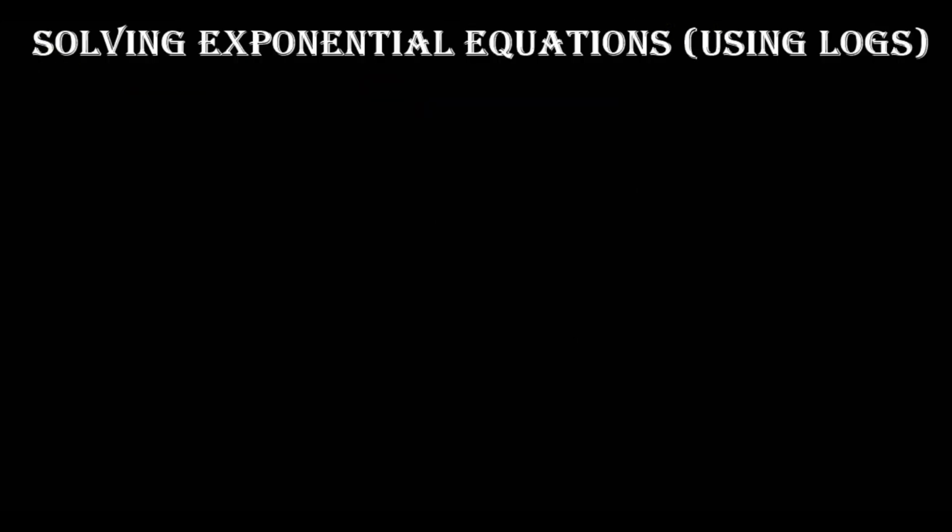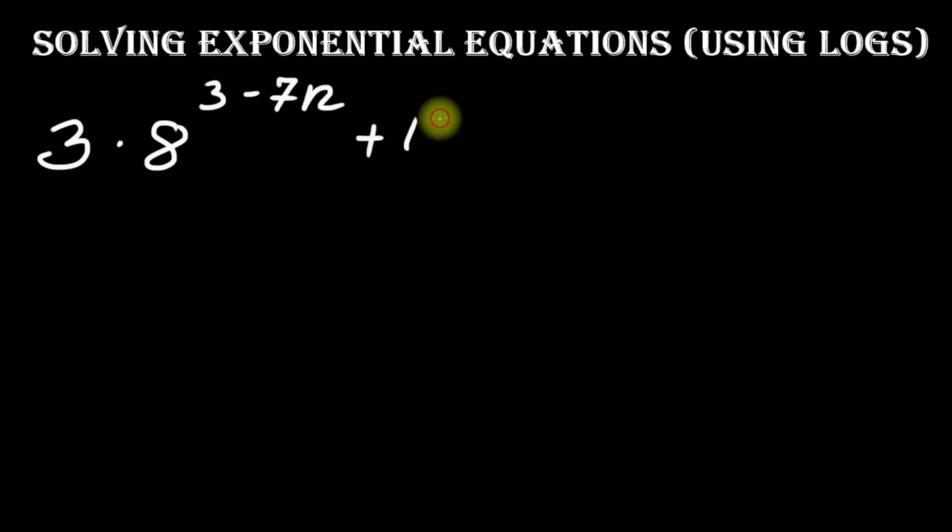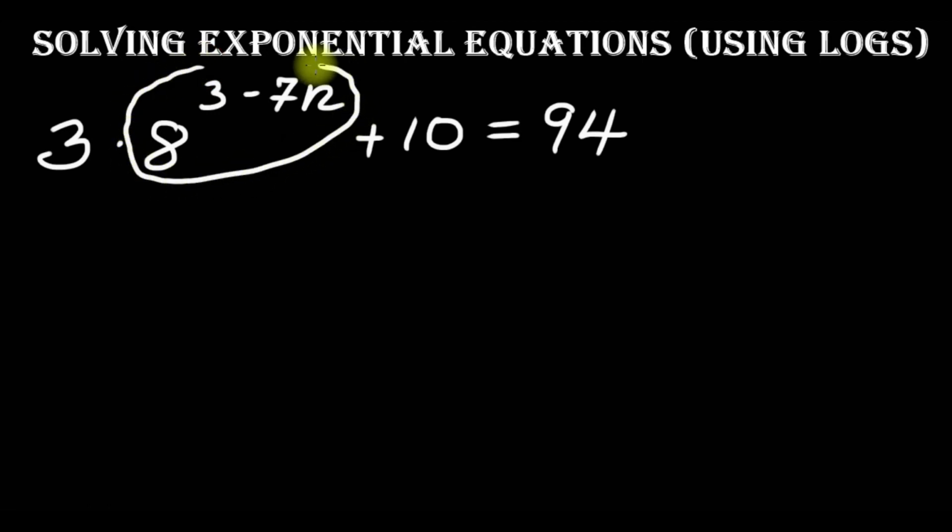Okay, so let's take a look at another one. For this one, I have 3 times 8 to the 3 minus 7n, plus 10, is 94. Okay, solving for n. So first thing I have to do is isolate the exponential expression.